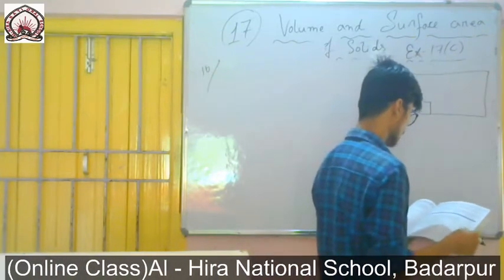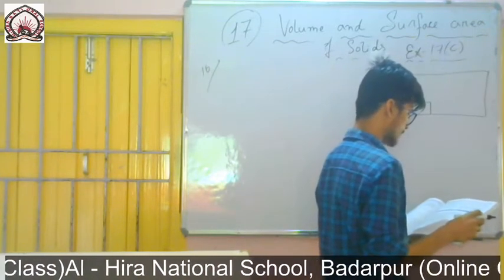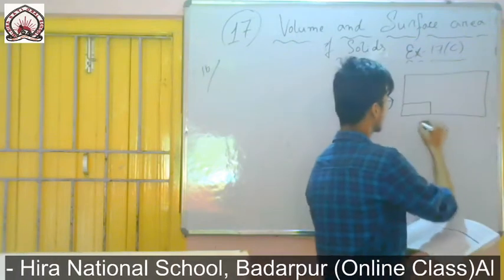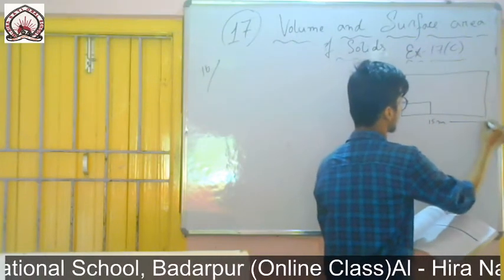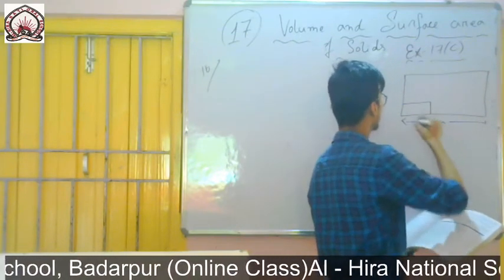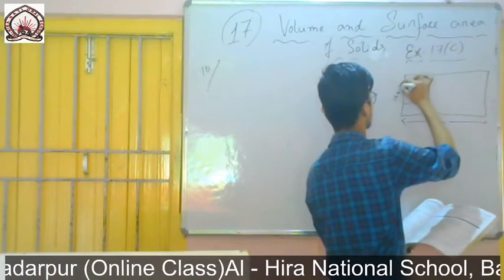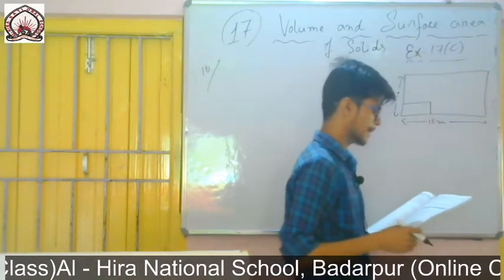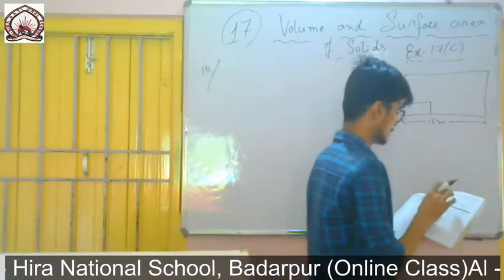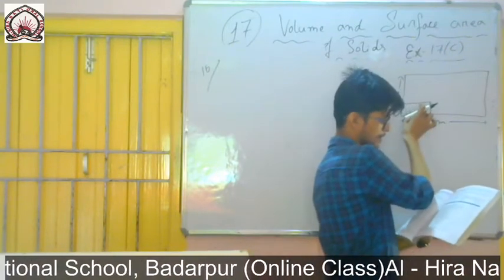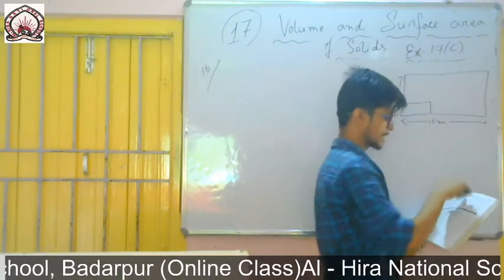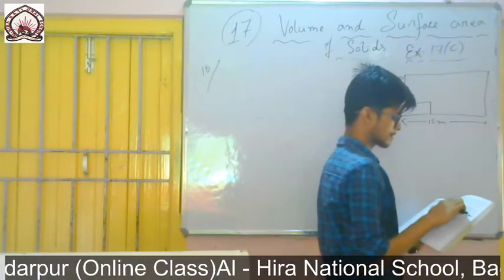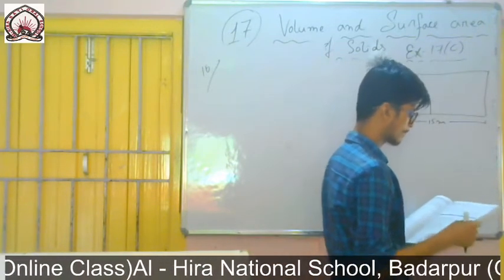The dimension of the field is given 15 meter length and breadth 12 meter, and the dimension of the pit: 7.5 long, 6 meter wide and 1.5 meter depth.